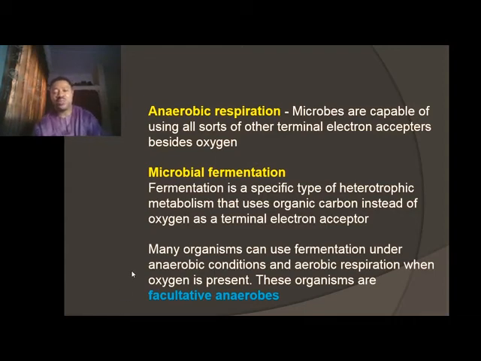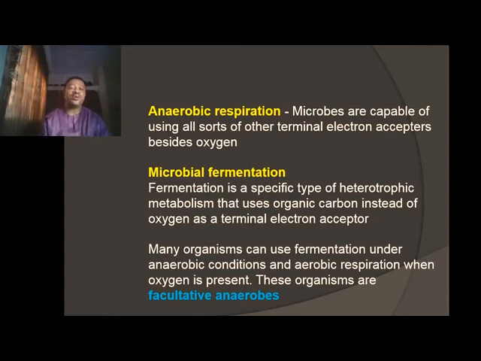So many organisms can use fermentation under anaerobic conditions as well as aerobic respiration when oxygen becomes present, because it is more effective. When oxygen is present, more energy will be released for the microorganism. So when oxygen is present, it will undergo aerobic respiration.